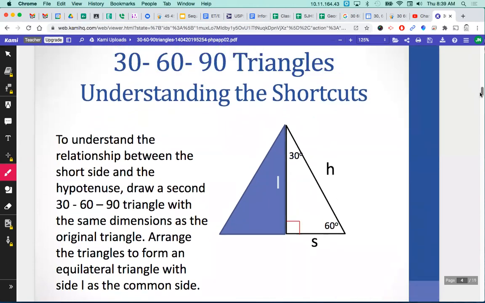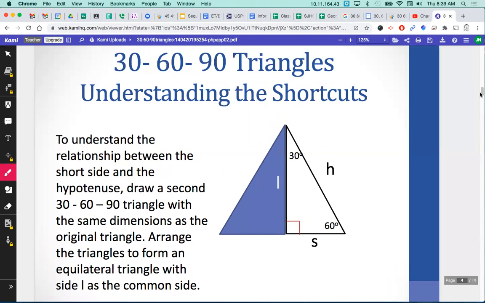All right. Now, talking about where these ratios come from, let's think about a 30, 60, 90 triangle here. If we were to reflect that, we'd end up with an equilateral triangle.